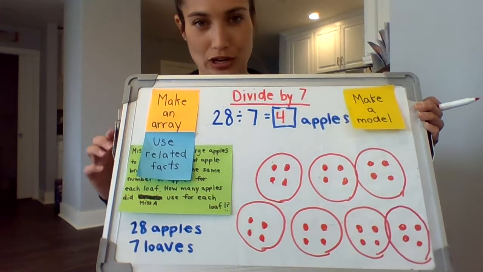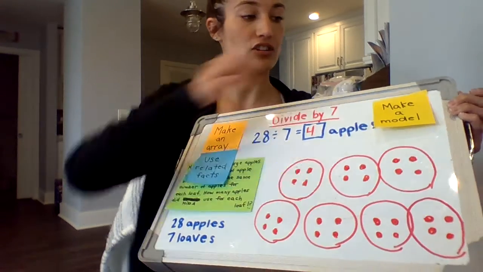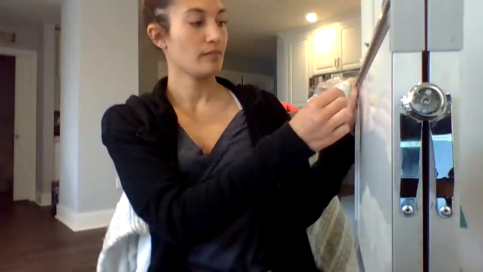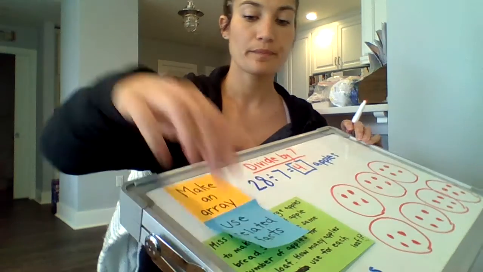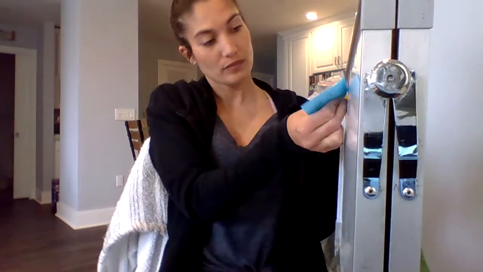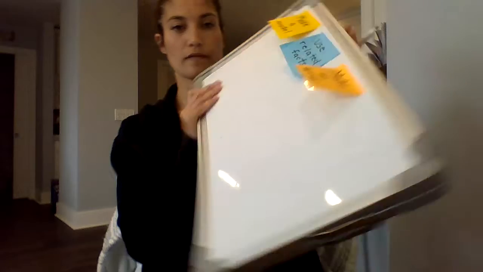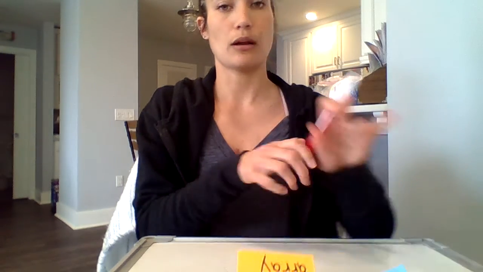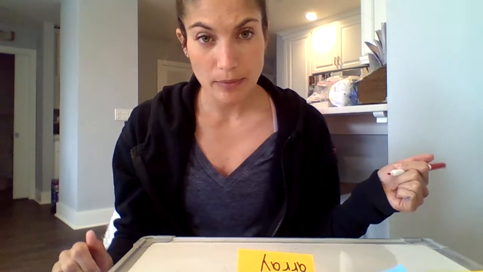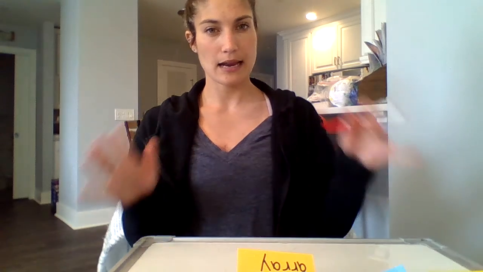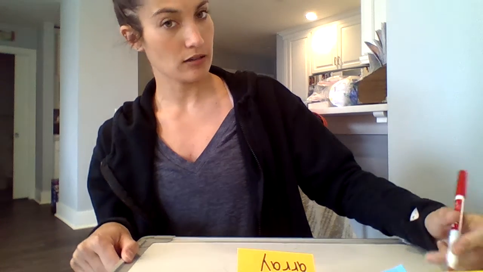Okay, I want you to try using any one of these strategies. Again, make a model, use related facts, or make an array to solve this problem. Do it on a scrap paper, a whiteboard, anything you want.